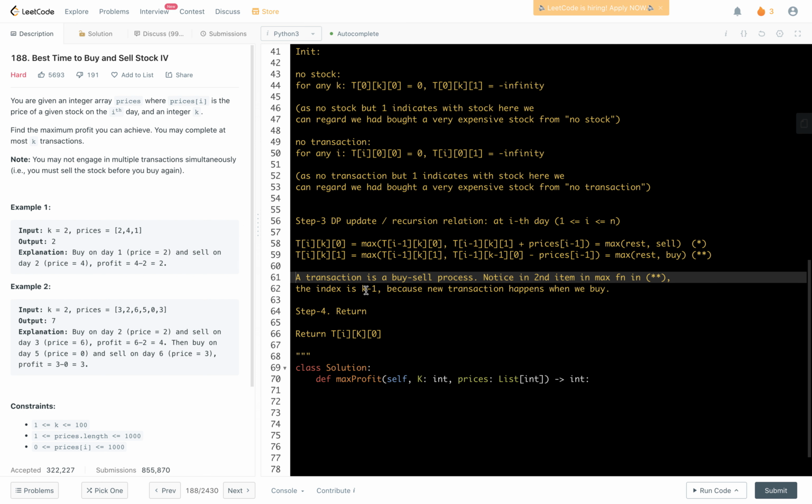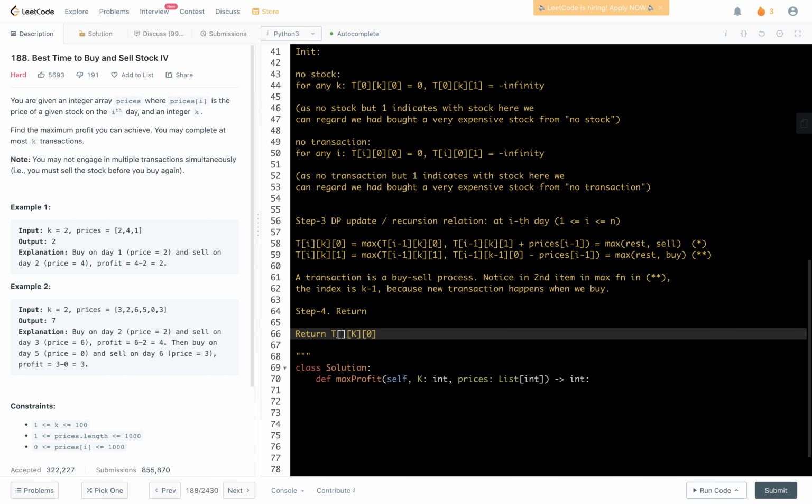Here let's emphasize again, a transaction is a buy-sell process. So notice that in the second term in the max function in double star, the index is k minus 1, because a new transaction happens when we buy, as we explained. So here is an emphasis.